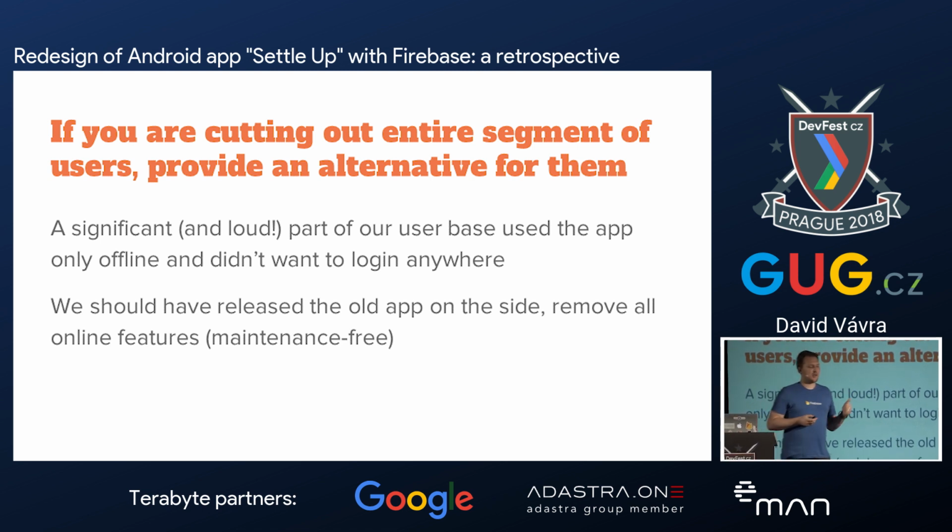So what I would have done now is I would have released the old app on the side, so a different app in the Play Store, but we didn't want to do it because we didn't want to maintain it. You don't want to maintain 2 apps. It's a nightmare. But if we removed all the online features, then there is not much maintenance, actually.